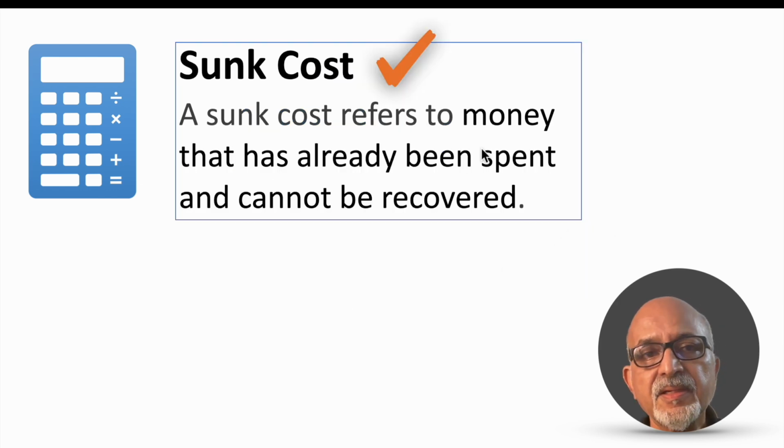Then there is another ratio called sunk cost. A sunk cost refers to money that has already been spent and cannot be recovered. So recently we had this case of Apple writing off their driverless car project with a huge sunk cost.